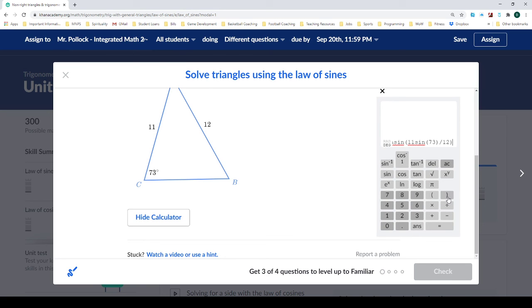And then I need to do it in parentheses because I'm taking the inverse sine of that whole thing. Okay, so that should give me my answer. So I say equals. What happened here? Am I missing a parentheses?